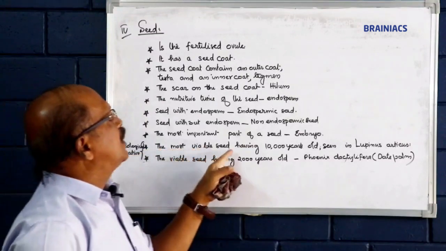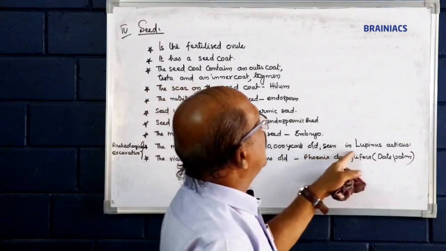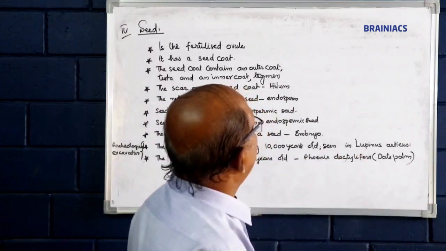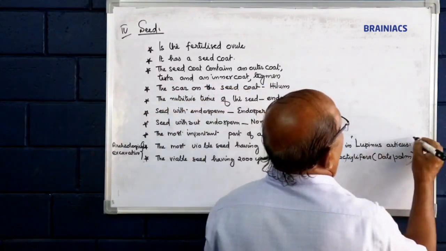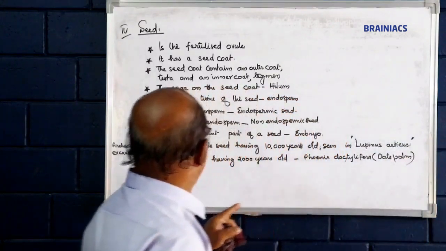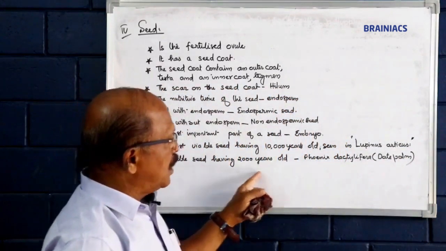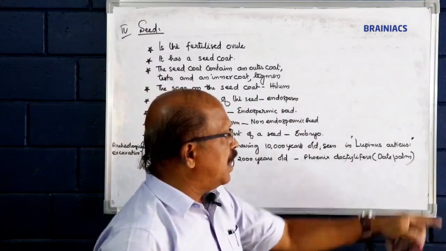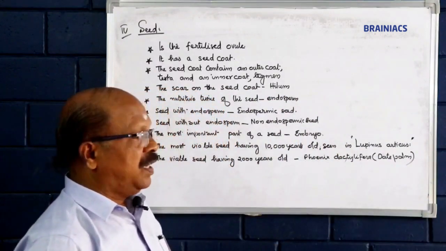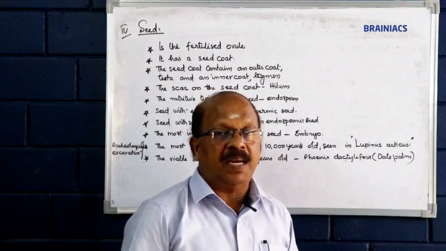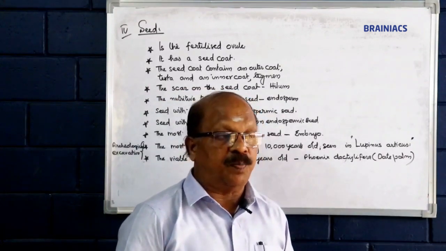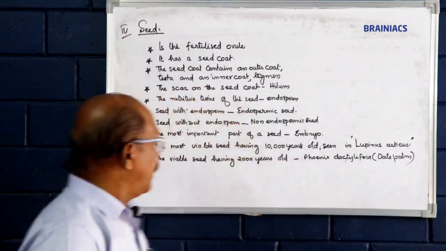The 10,000 year old seed was seen in the Arctic region. The 2,000 year old date palm seed was seen in King Herod's palace near the Red Sea.